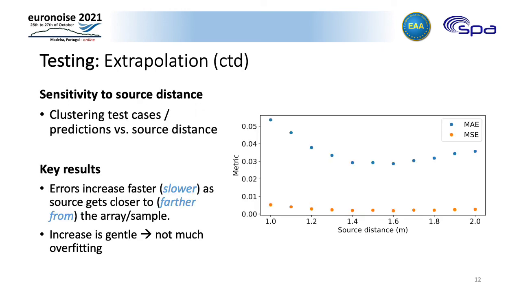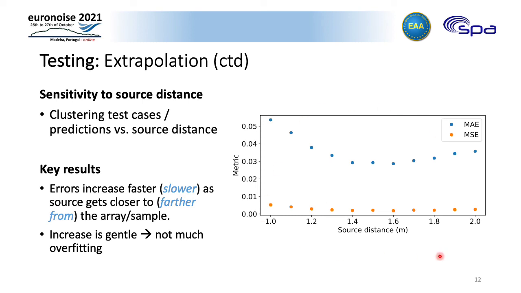As an additional test, we examined the sensitivity of the network to source distance. We then clustered the extrapolation test cases with respect to source distance into 11 intervals spanning from 1 to 2 meters. The mean absolute and mean square errors are shown in the plot to the right.